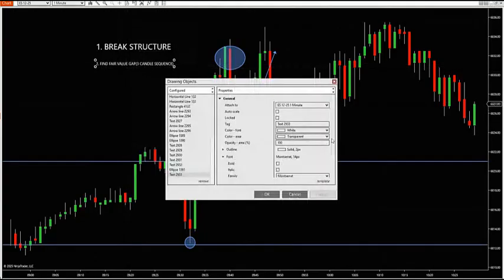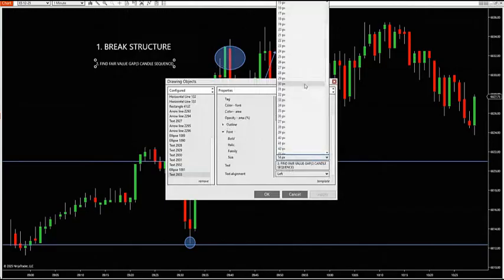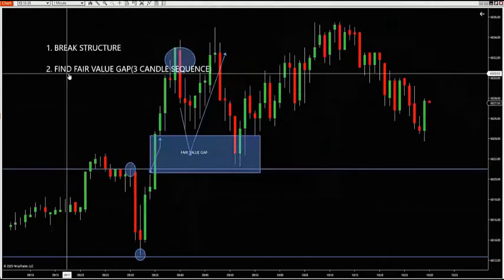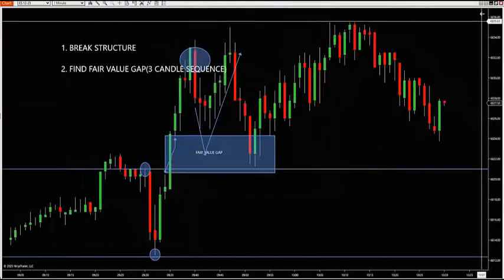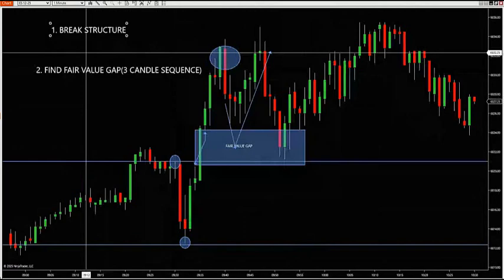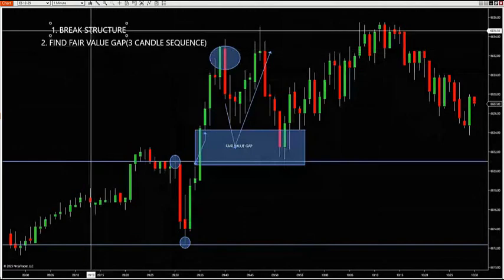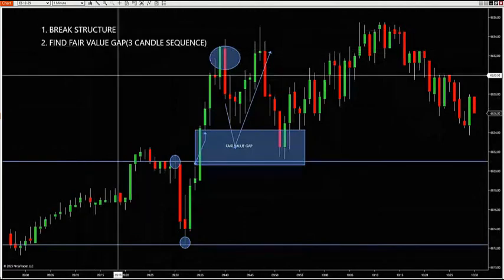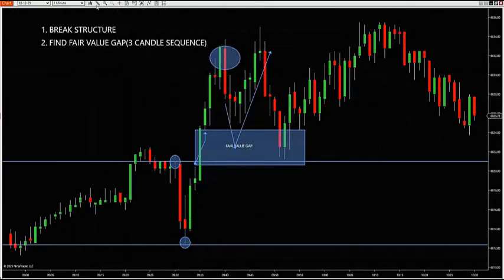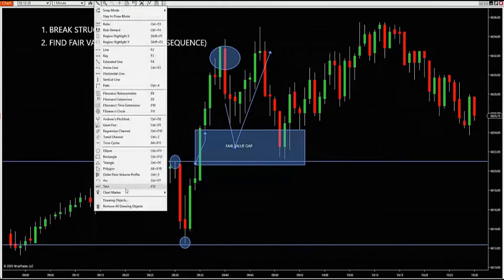You guys are going to be stalking these. I like to look at these when they line up, like I said, with our zones, because I know those are high probability trades because they're trying to grab liquidity. That's what the market likes to do. It always tries to find balance in liquidity. It tries to sweep liquidity. Okay, so find the 3-candle balancing after you break structure.